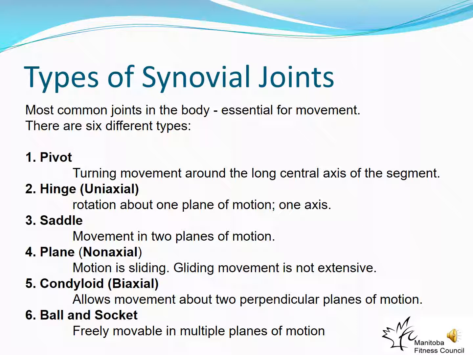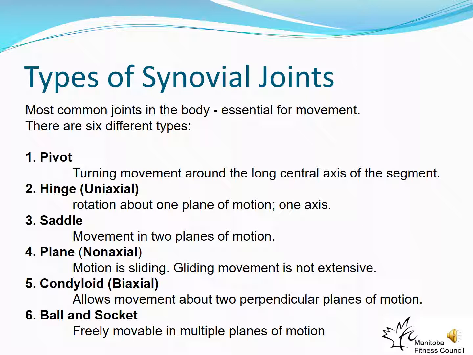Our condyloid joints are joints in our finger. This will actually allow movement upon two perpendicular planes of motion. If you take your finger, you notice how you could bend and straighten your finger and then take it wide and bring it together. Those are your two separate planes of motion that are happening at your condyloid joints.